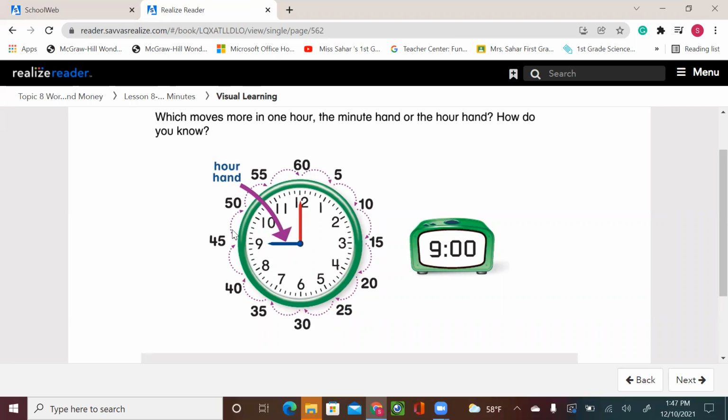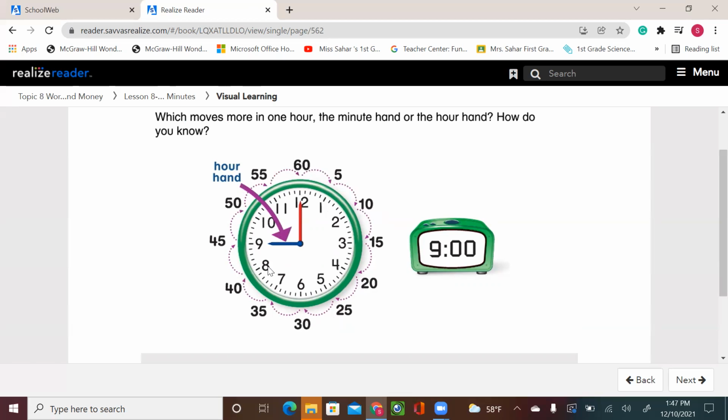All right, so let's go back and review all the information we just learned. The minute hand moves from one number to the next, and that's 5 minutes. So when we skip count, we say 5, 10, 15, 20, 25, 30, 35, 40, 45, 50, 55, 60. 60 minutes means 1 hour.